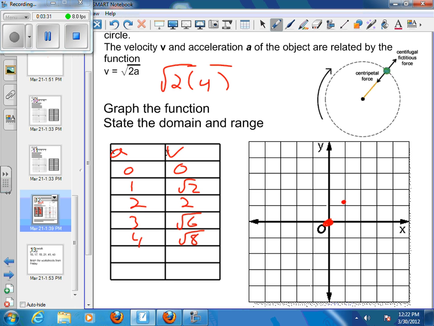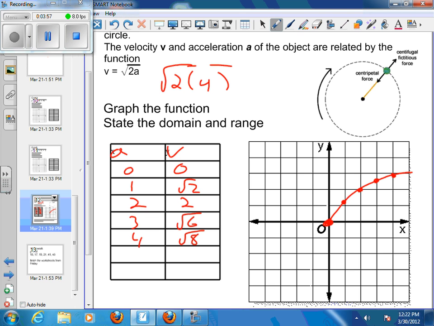So I'm pretty close to 1 here. And then 2 would be at 2. And the square root of 6, well, the square root of 4 is 2 and the square root of 9 is 3, so I'm somewhere between 2 and 3. And then square root of 8, well, square root of 9 is 3, so we're pretty darn close to 3, but we're not quite there yet.